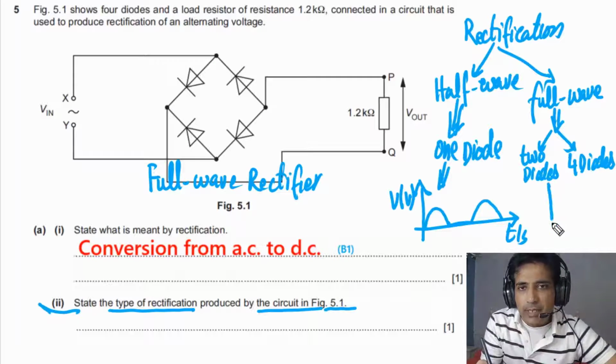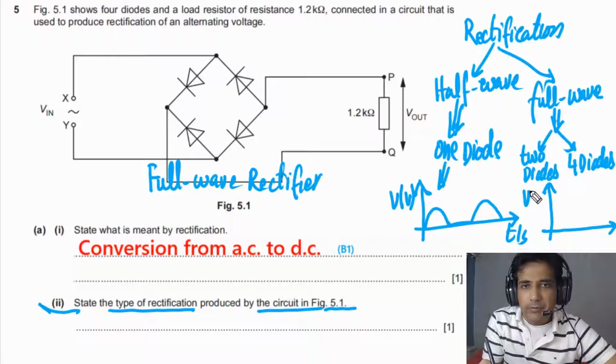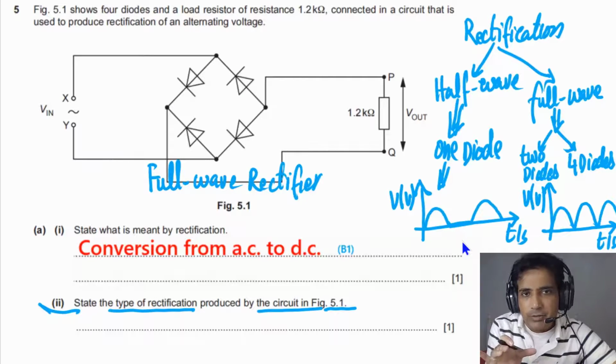If we look at the voltage against time graph for full wave rectification, here we have voltage and here we have time. The voltage across the load resistor changes with time, and then again changes with time, and so on. Let's compare these two types. In half wave rectification, for half of the cycle there is no voltage across the load resistor.